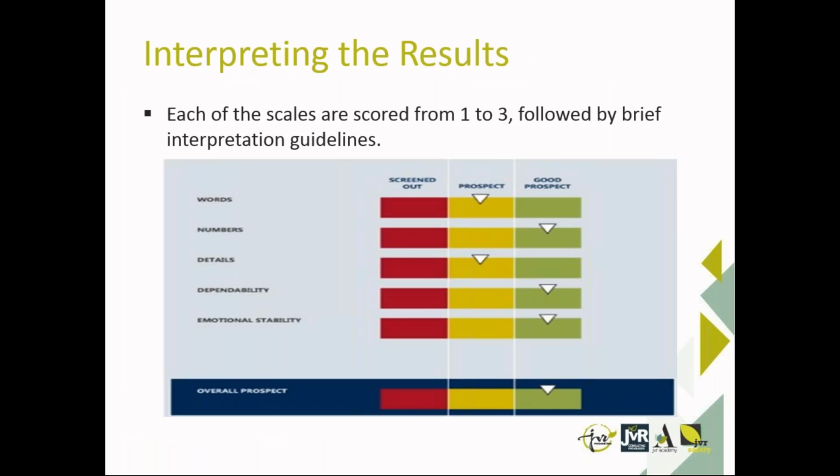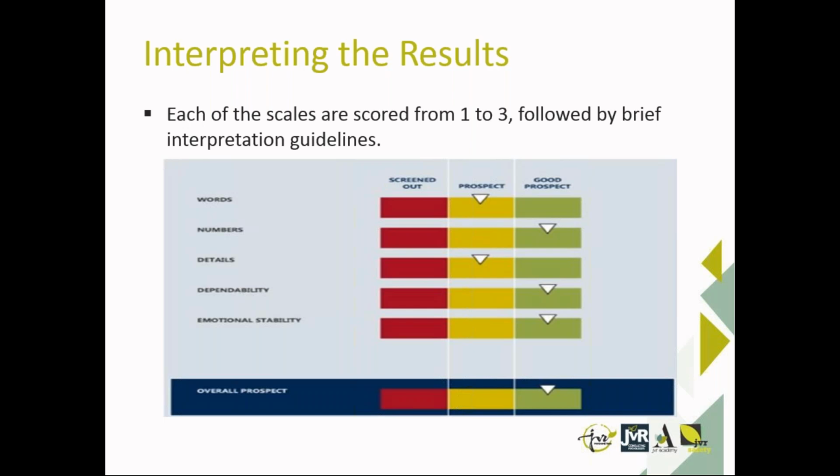A good prospect is a candidate that should be considered for further assessment and selection. The candidate demonstrates the capacity to accomplish the minimum required competencies with relative effectiveness. The candidate is therefore a good prospect for further consideration. Your overall prospect scale should be consulted when making a decision when retaining or screening out candidates.